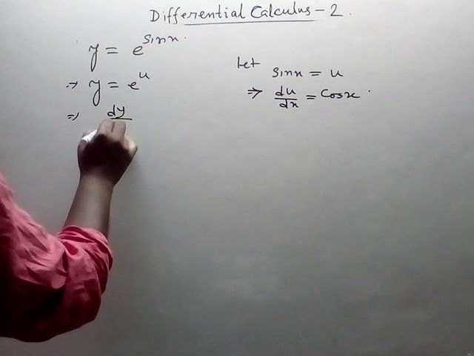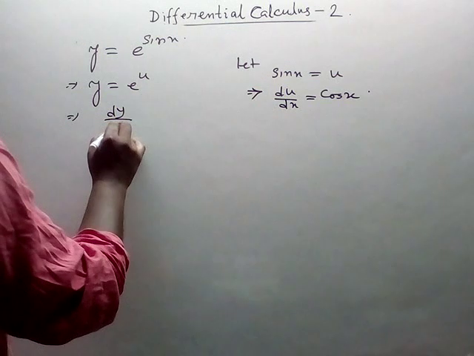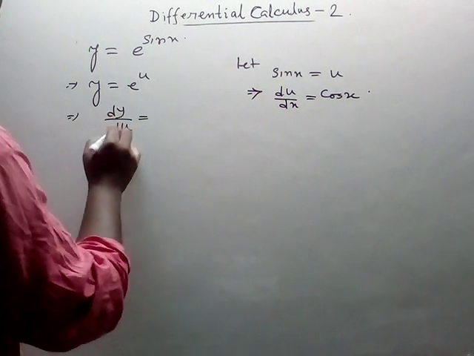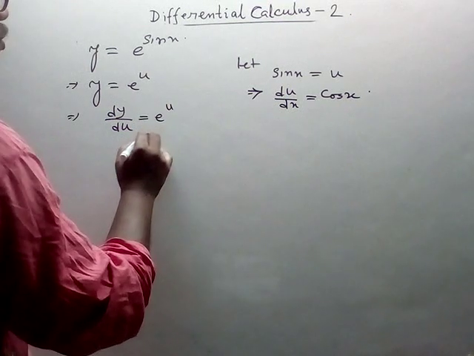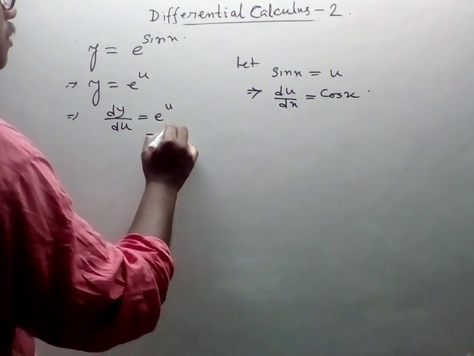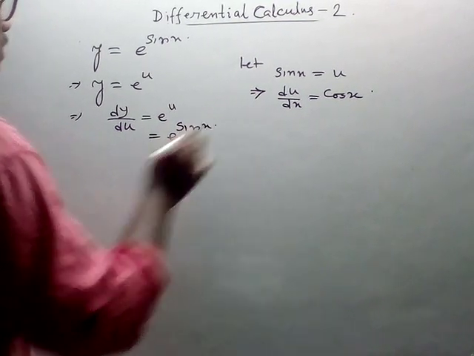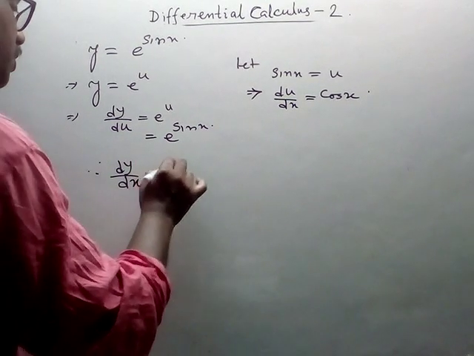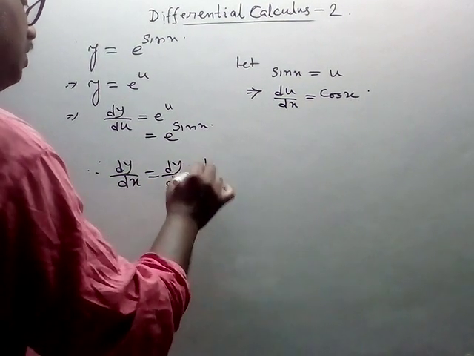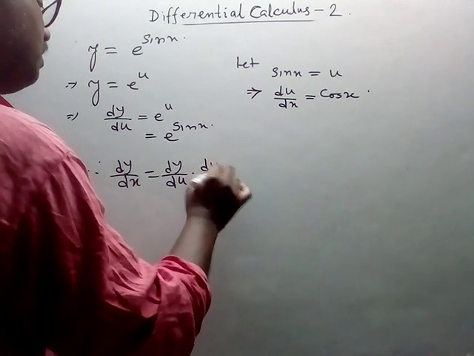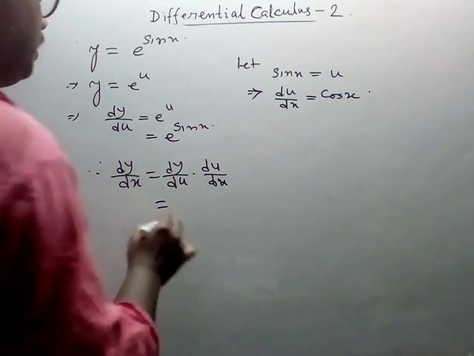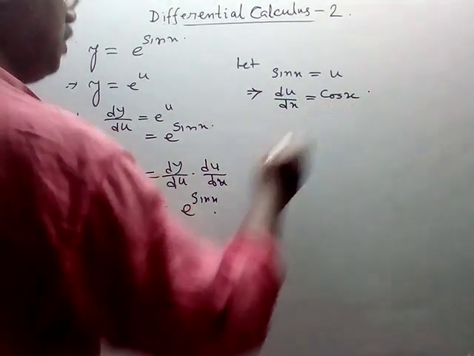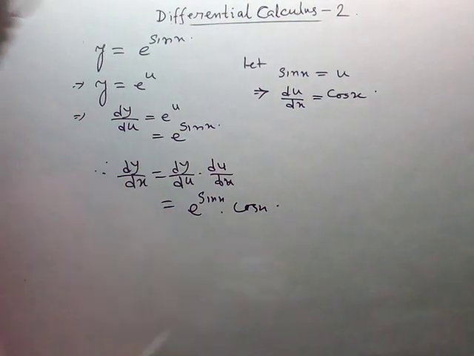From this we can calculate dy/du, which equals e power u, that is e power sin x. So by the chain rule, dy/dx equals dy/du into du/dx, the same rule. Then dy/du means e power sin x into du/dx means cos x, the same result.